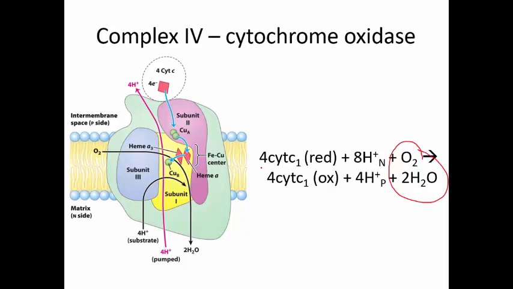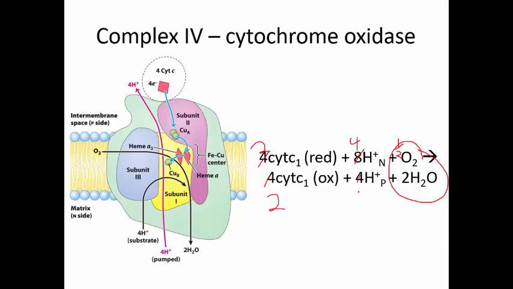So we only created 2 reduced cytochrome Cs in the last one, and here they're pointing out that we don't have to have halves or anything here. You do need 4 cytochromes in order to reduce 1 molecule of O2. But if we wanted to keep everything equivalent, we should really have made this 2, 4, 1/2.